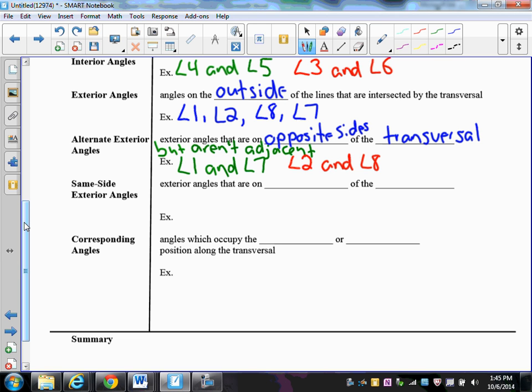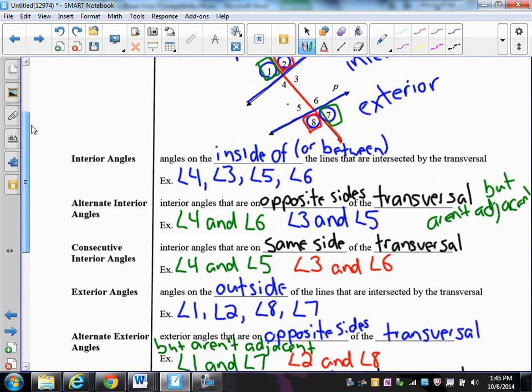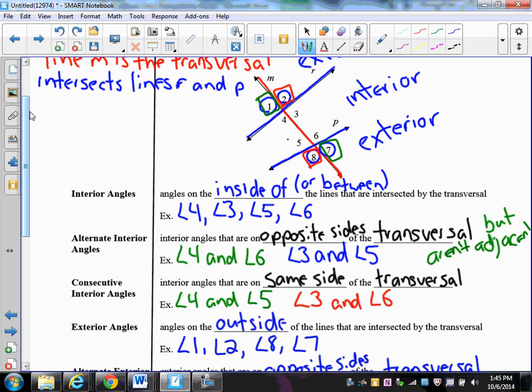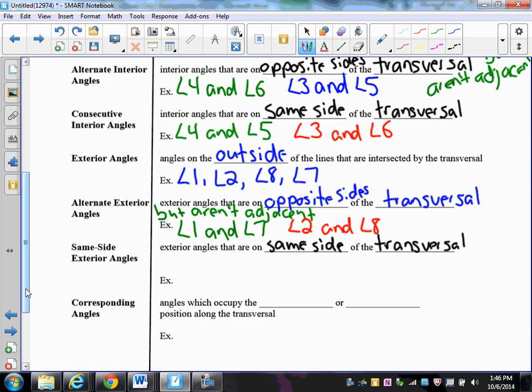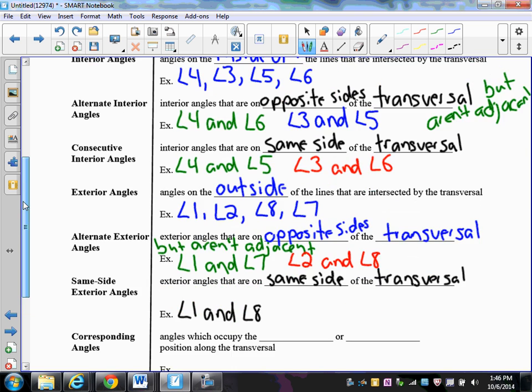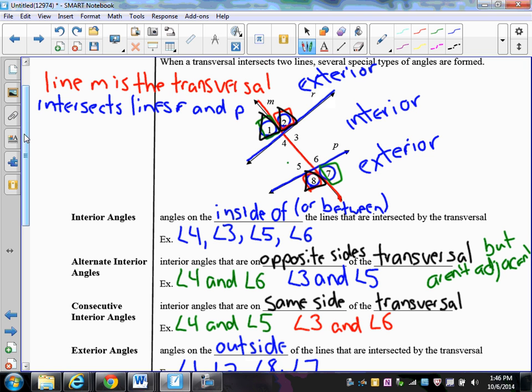It's exterior angles that are on the same side of the transversal. So this would be like angle 1 and angle 8. And my other example would be angle 2 and angle 7.